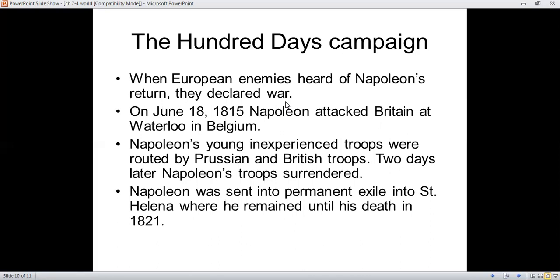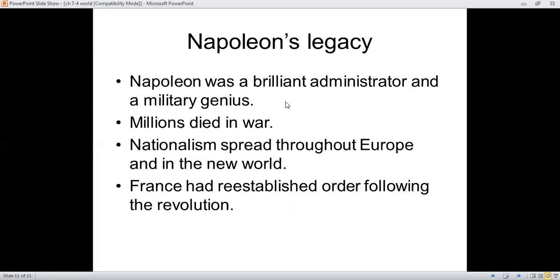After this battle, Napoleon was sure that he could not raise a strong army or win battles like before. He was sent into permanent exile in St. Helena, where he remained until his death in 1821. Now, even though Napoleon was not the best of leaders, he left a legacy.